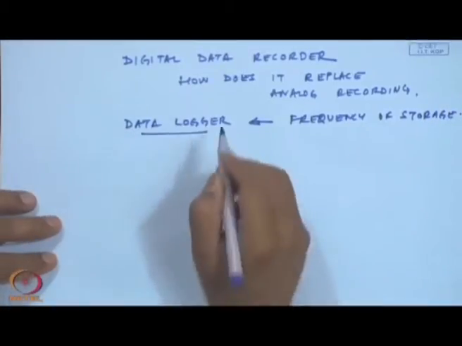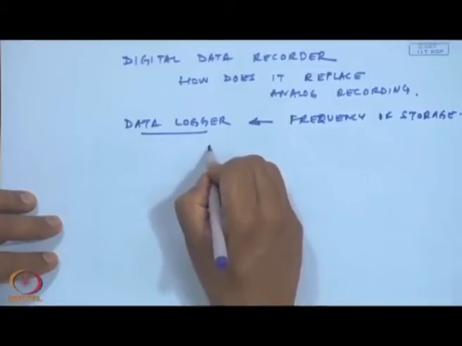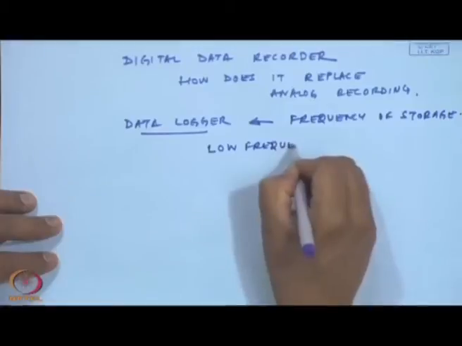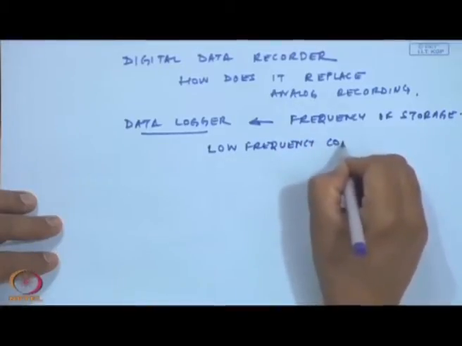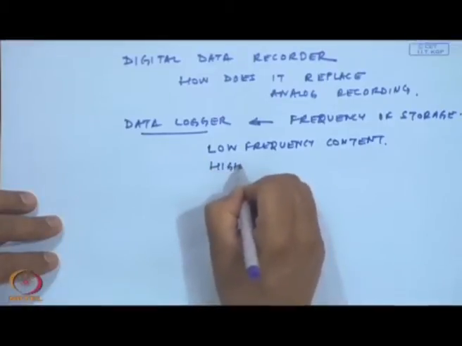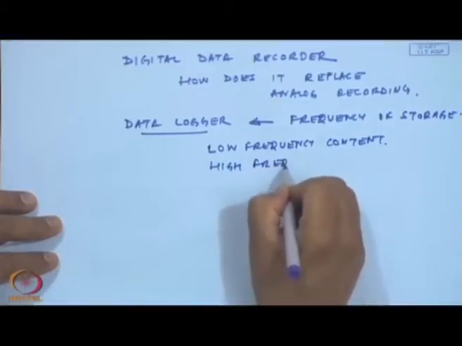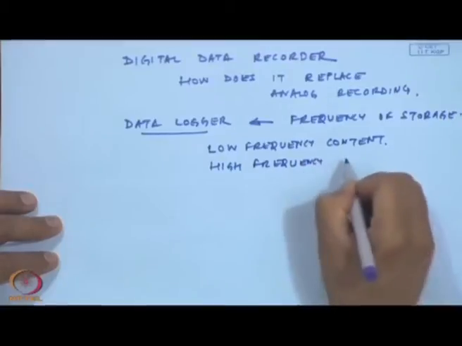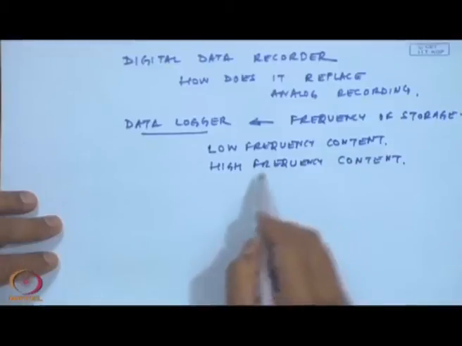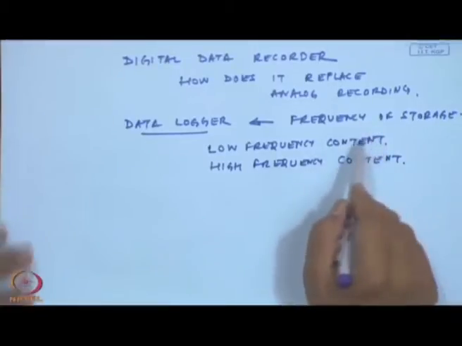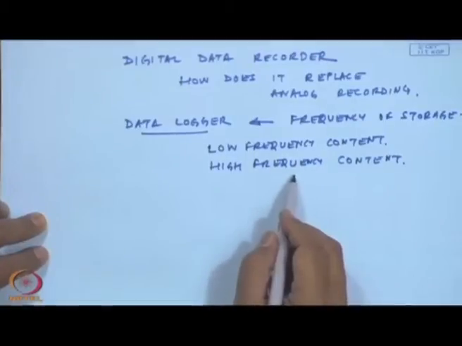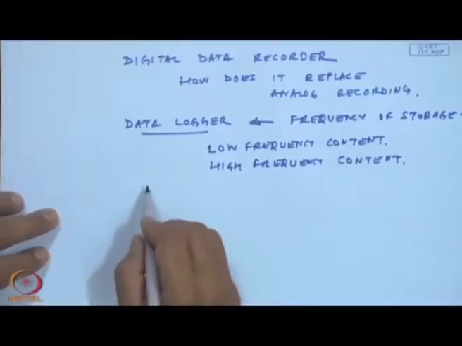Imagine I have a signal which has low frequency content, and another which has high frequency content, like the case of the thermocouple and the accelerometer. Depending on my interest, low frequency content could be sampled at a low frequency, and high frequency content could be sampled at a higher frequency.